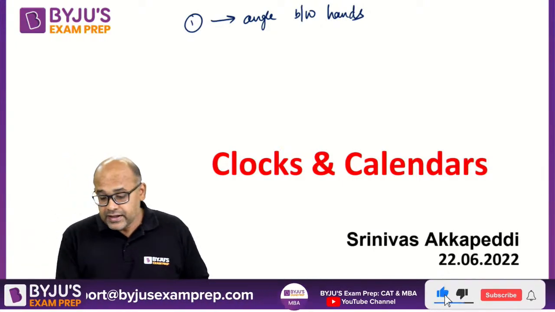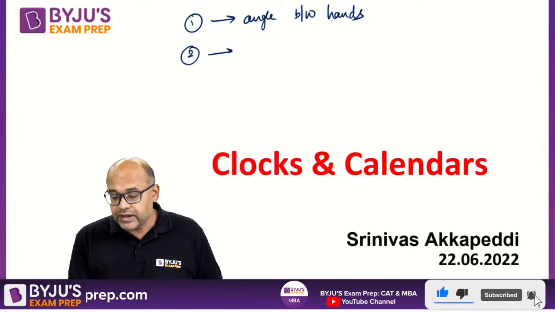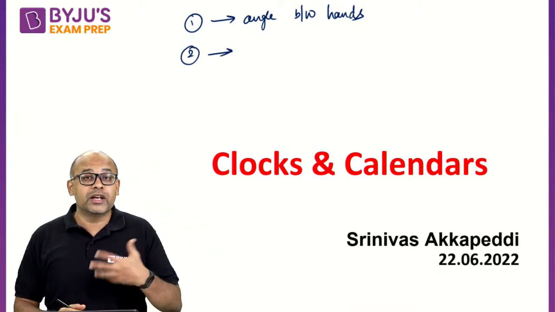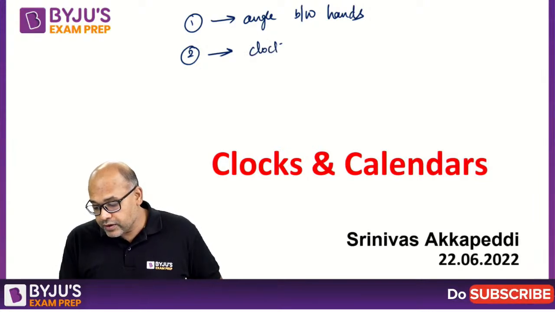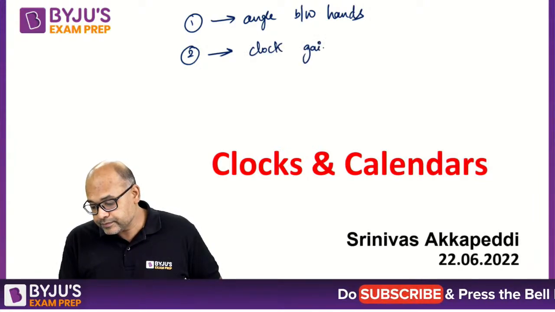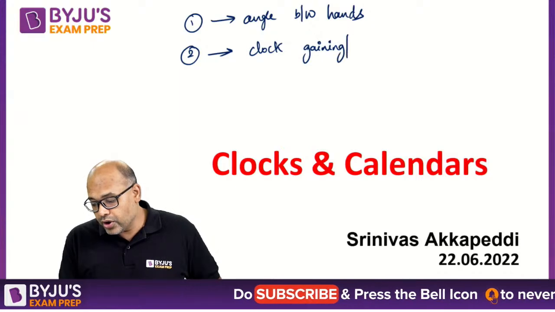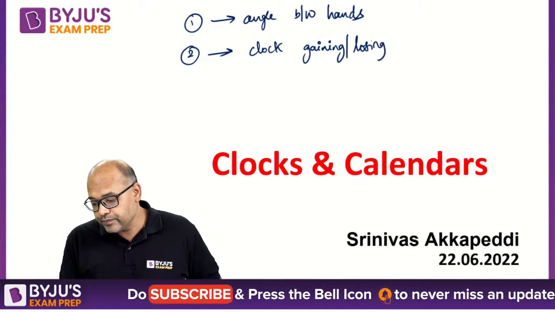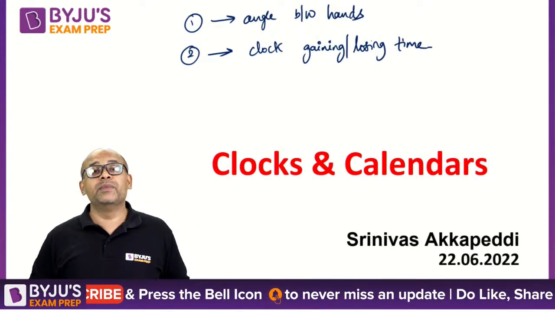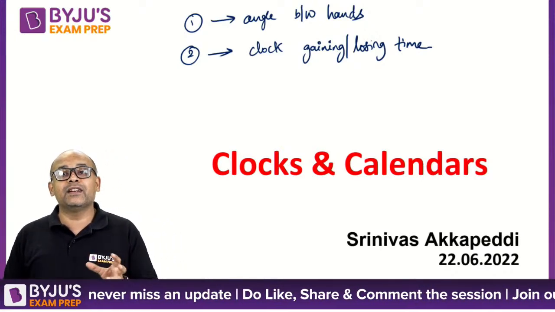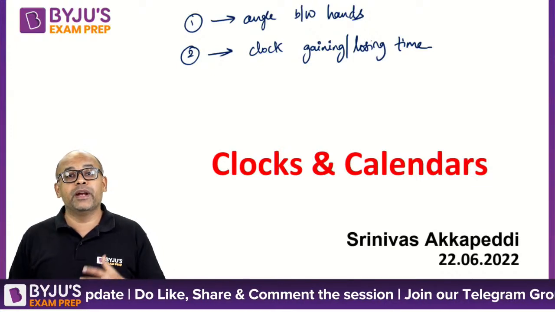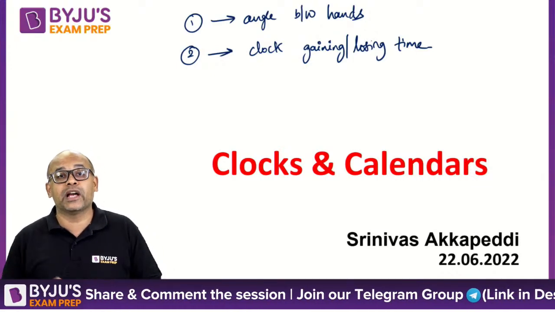Second type of question deals with a clock gaining or losing time. Now what does this mean, gaining or losing time? So a clock can be set faster or slower compared to the normal actual time.